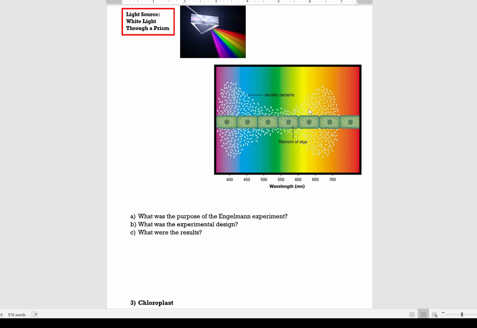However, accessory pigments will extend the region of photons that are absorbed. So some plants are red or yellow or blue, and that's because they have accessory pigments other than chlorophyll.